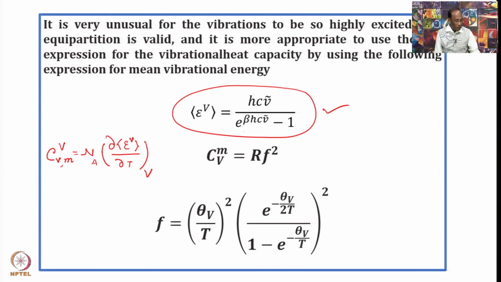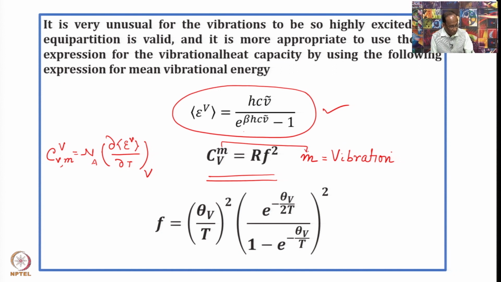When you take a derivative of this with respect to temperature or with respect to beta, eventually you come up with CVM equal to R F square, and in this case m represents vibration. In fact, a correct notation for this will be CVM vibration.